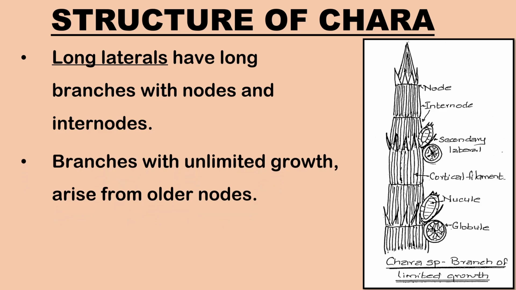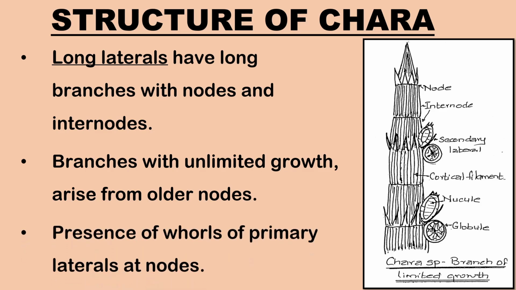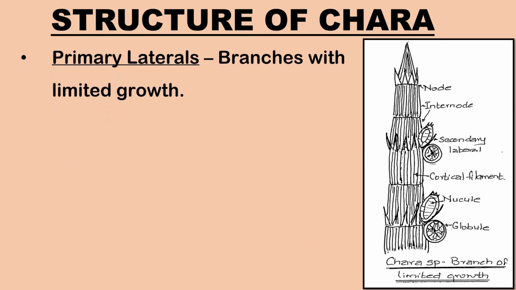They are branches with unlimited growth and arise from the older nodes. They have whorls of primary laterals at the nodes. The primary laterals are branches with limited growth emerging in a circular pattern from the nodes of branches of unlimited growth.